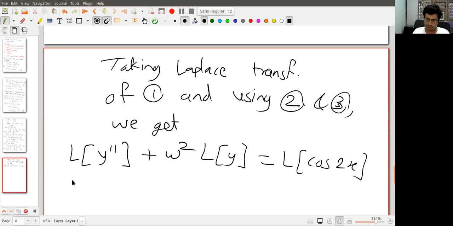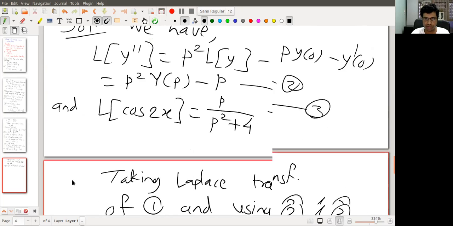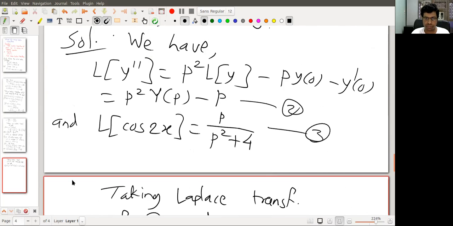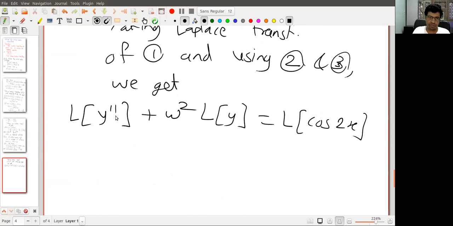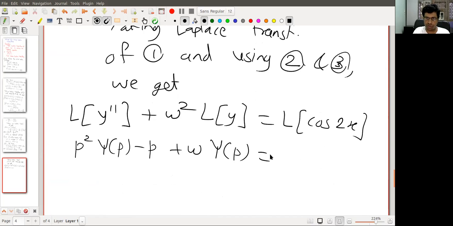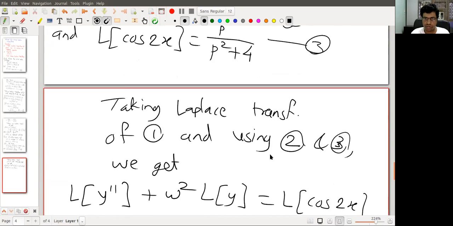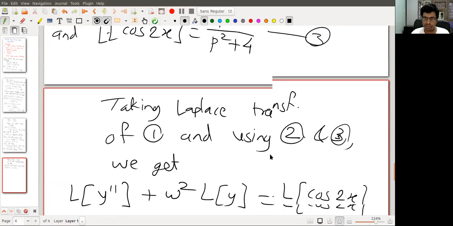Okay, now substitute the values. L of y double dash is p square capital Y of p minus p, plus omega square Y of p, equal to L of cos 2x, which is p divided by p square plus 4.